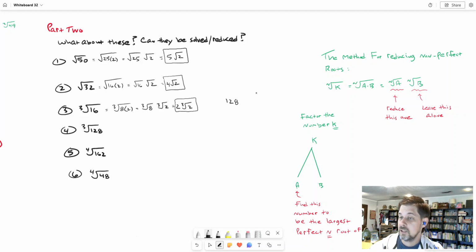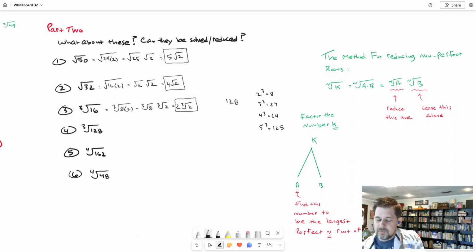Okay, so what are those again? 2 to the third power, that's equal to 8. 3 to the third power, that's equal to 27. 4 to the third power, that's equal to 64. Okay, 5 to the third power, that's equal to 125. So now we're getting too big. Like a number like 125 is not going to be a factor of 128.